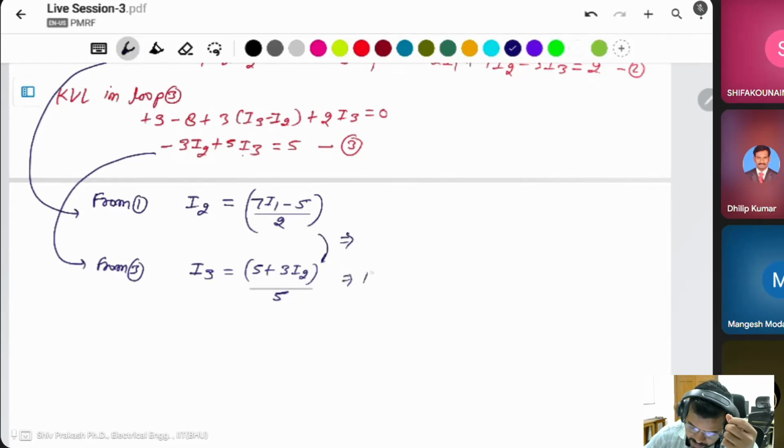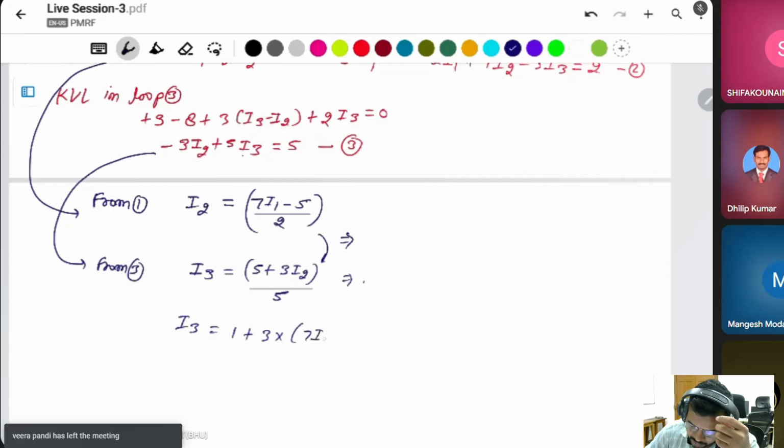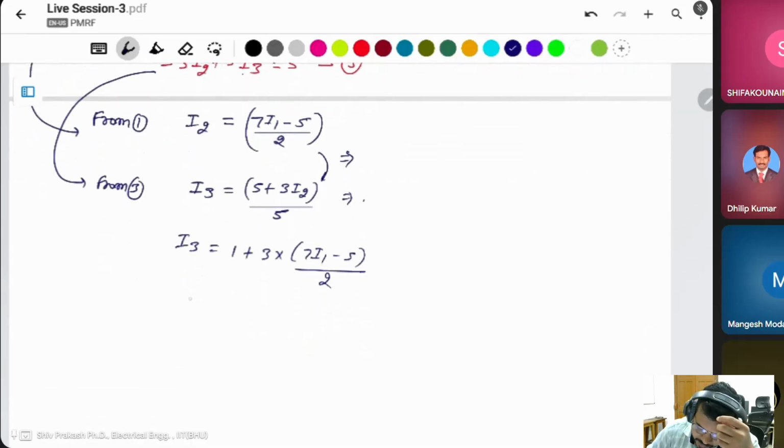Then what is I3? 5 by 5, 1 plus 3 times I2, where I2 is 7 I1 minus 5 divided by 2. This will be 2 plus 21 I1 minus 15 divided by 2. It will be 21 I1 minus 13 divided by 2.